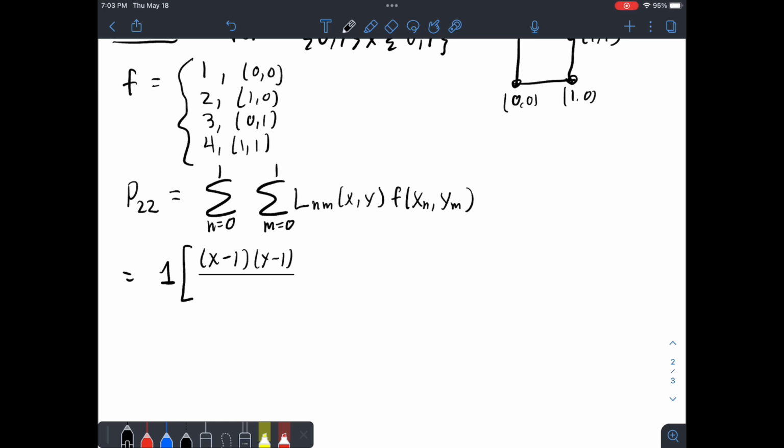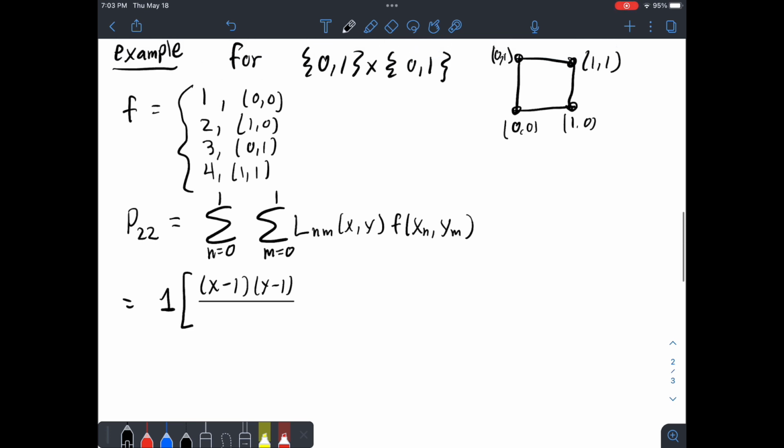Because I should probably specify, x0 is equal to 0, x1 is equal to 1, y0 is equal to 0, and y1 is equal to 1.